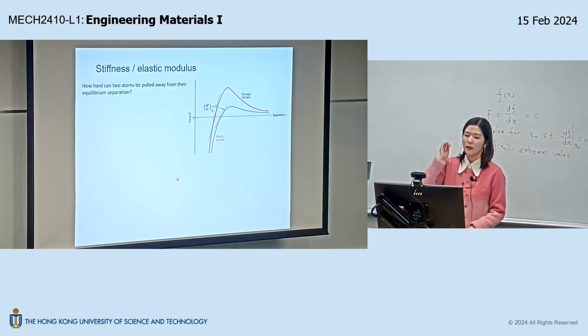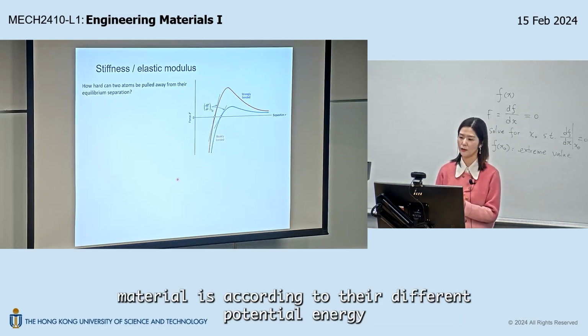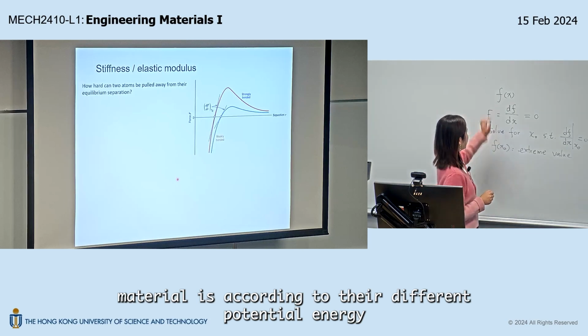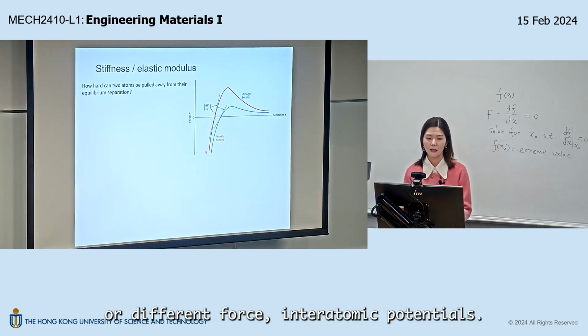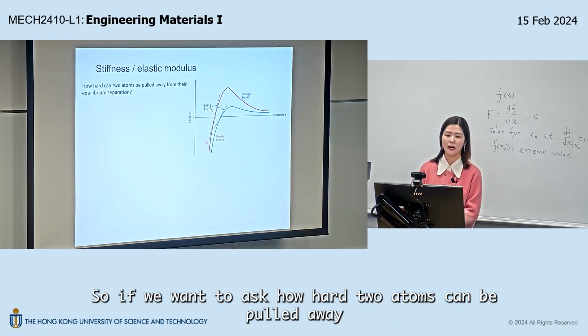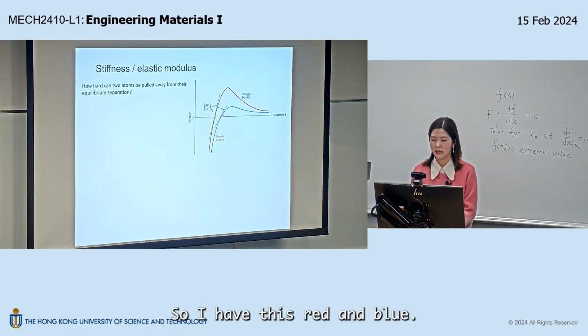Okay. Let's look at how stiff and how elastic materials are, according to their different interatomic potentials or different forces. If we want to ask how hard the two atoms can be pulled away from their equilibrium to very, very infinitely far away, I have this red and blue, okay?